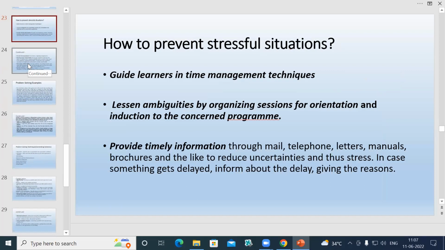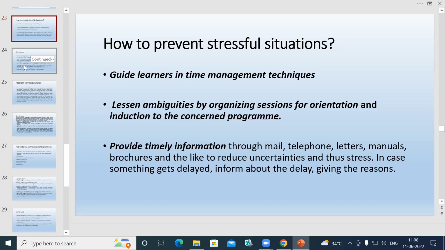You have a session for time management in your activity program, and that is an inbuilt part of how to prevent stressful situations. Lessen ambiguities by organizing sessions for orientation and induction to the concerned programs. Then provide timely information through mail, telephone, letters, manuals, and brochures to reduce uncertainties and stress, or to inform about any delay.